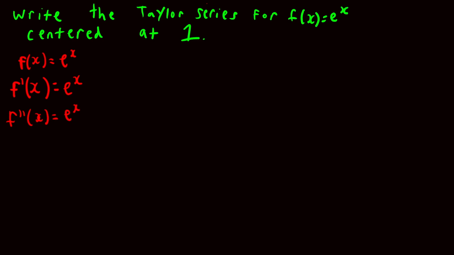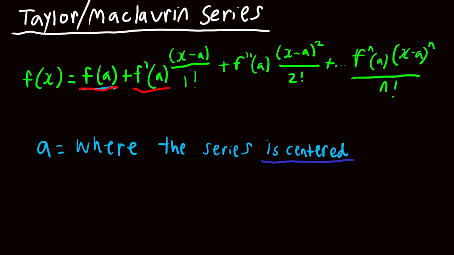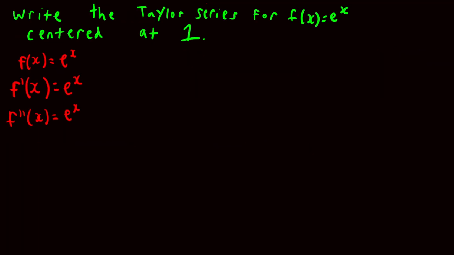Now, look at our formula. F of a, so all we have to do, you take the function, you plug in 1. So it'll be e, and then plus, the same thing, we plug in 1 to our first derivative, e, and now this is when the x minus a, it's centered at 1, so a is 1, over 1 factorial, right?